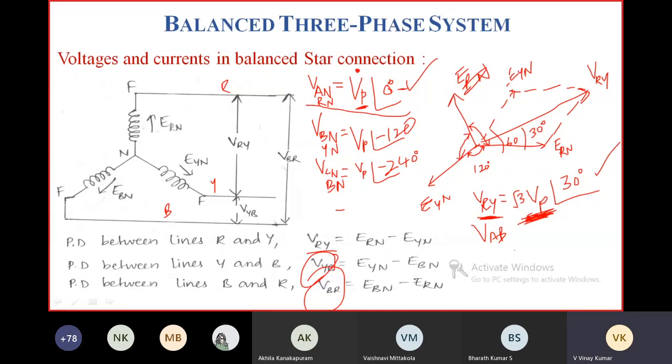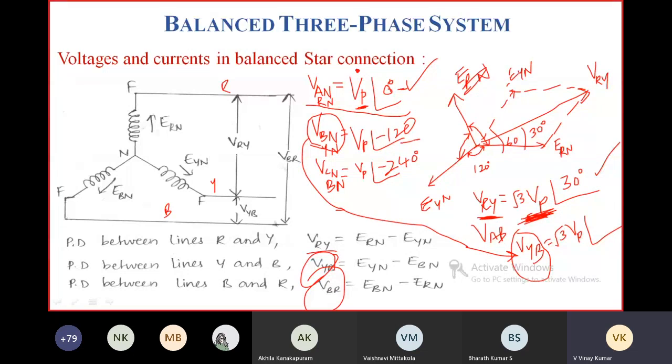So now coming to VYB. What about VYB? VYB is equal to root 3 into VP, because line voltage is equal to root 3 times phase voltage. Coming to phase angle, VYN is the corresponding phase voltage to this line voltage, right?